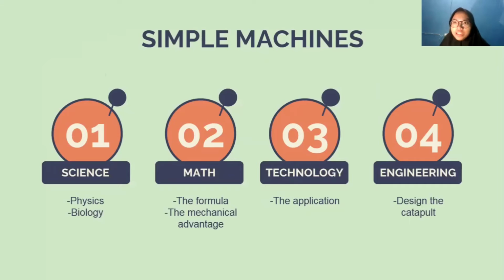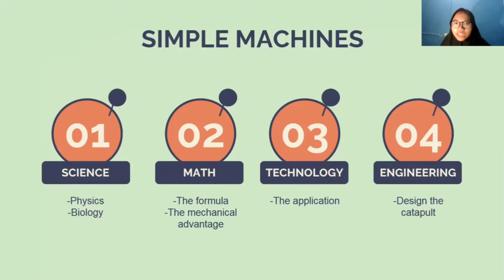For these explanations, I'm not only explaining simple machines based on physics, but also from science, math, technology, and engineering. For science, it's from the physics and biology view, and for math it's about how to calculate the formula and the mechanical advantage.